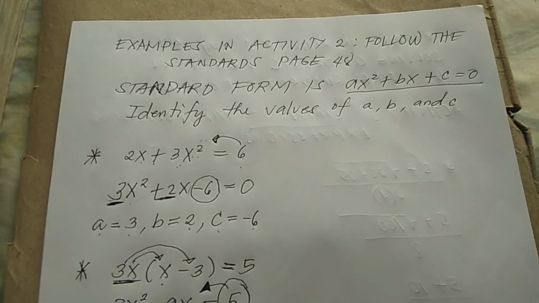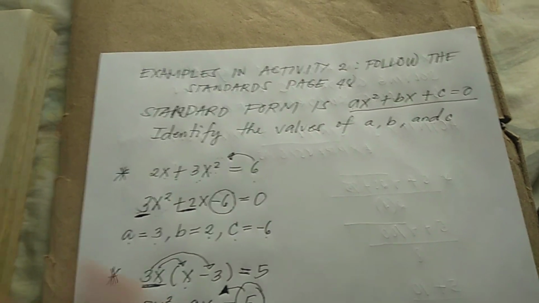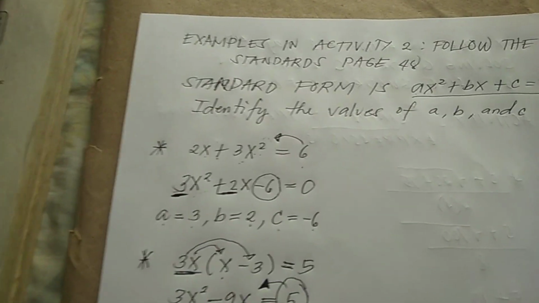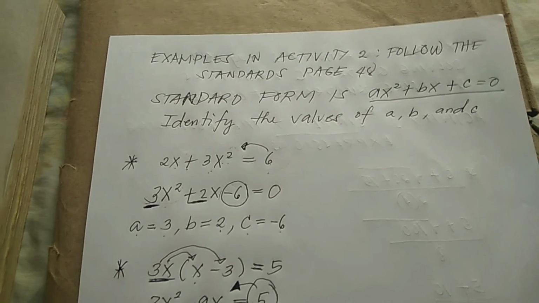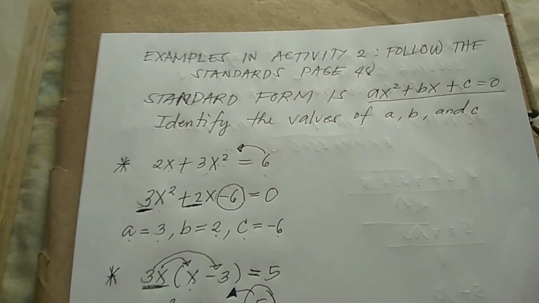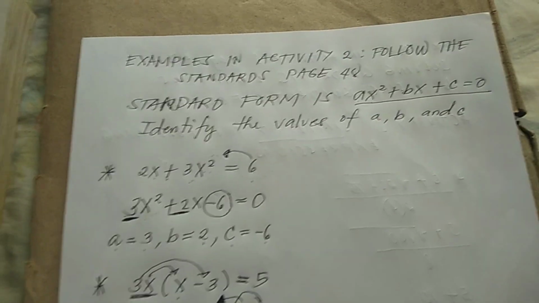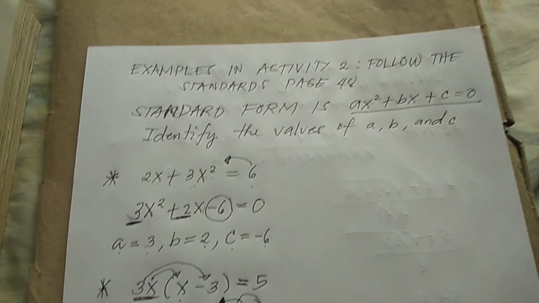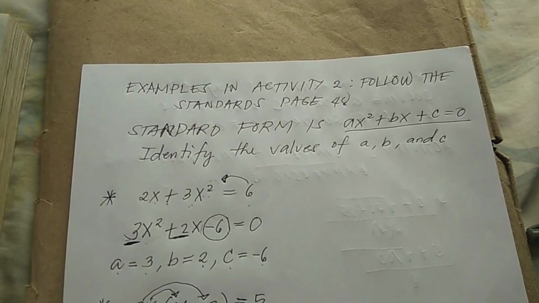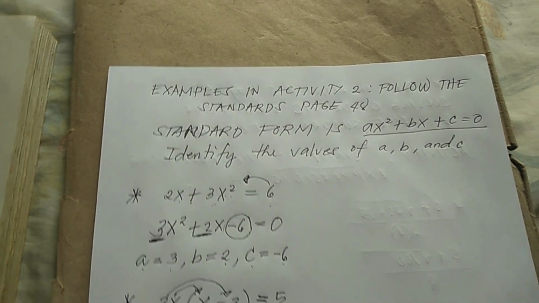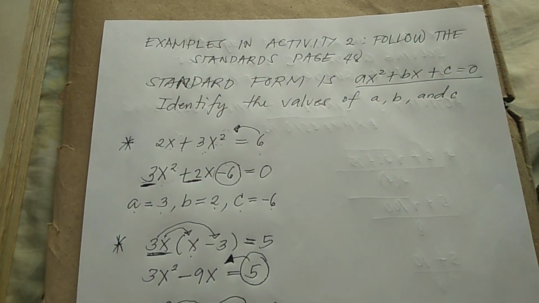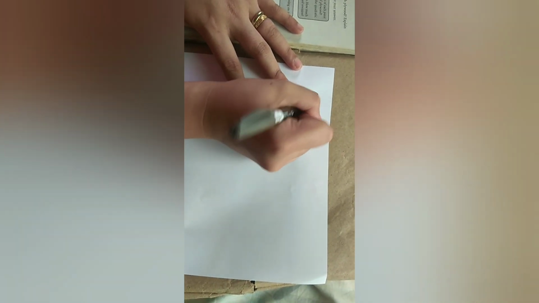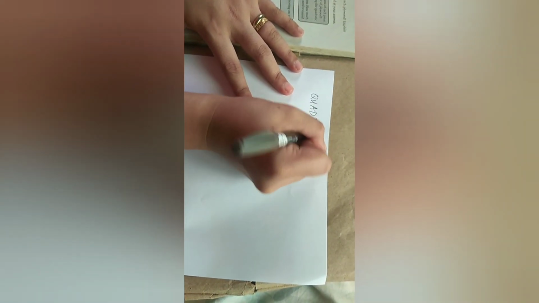It is something to do or meron siyang connection sa ating lesson, which is yung solving quadratic equation by using quadratic formula. Magagamit natin itong activity 1 and activity 2 sa next activity natin, which is the formula effective quadratic formula.